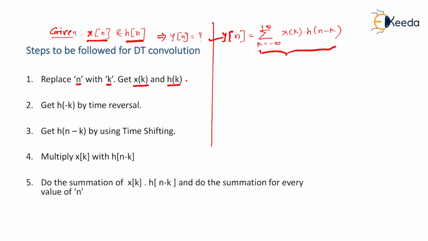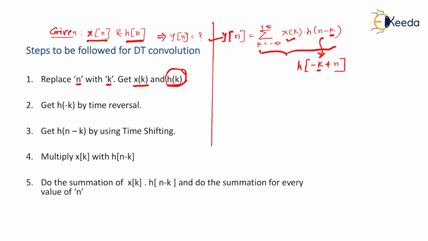Step number 2, that we have to get h of minus k by time reversal property. Why so? Because if you see this h of n minus k, now x of k is available with us. What is required is h of n minus k. In h of n minus k, if you see, the independent variable is k now, because we have already got h of k now. So h of n minus k can be seen like this: h of minus k plus n.